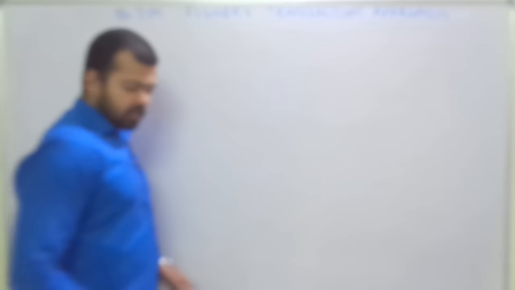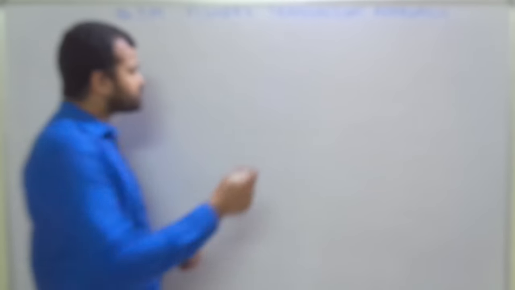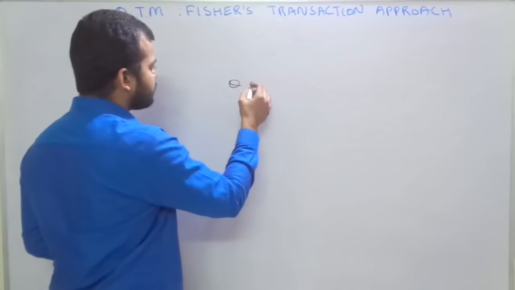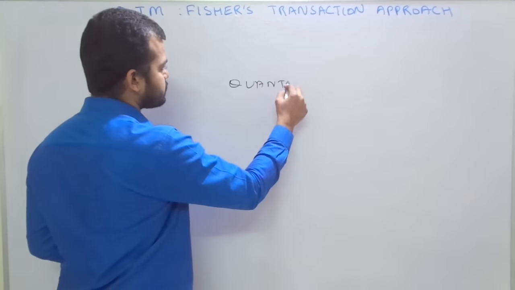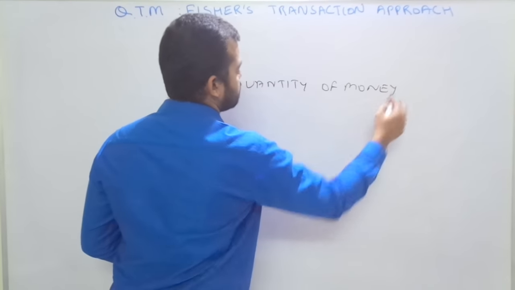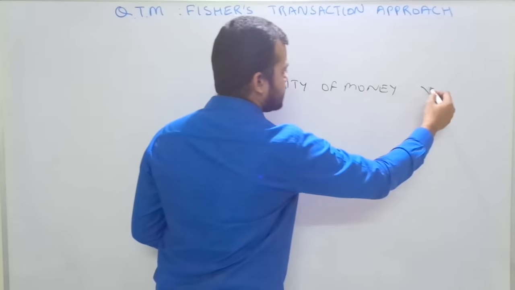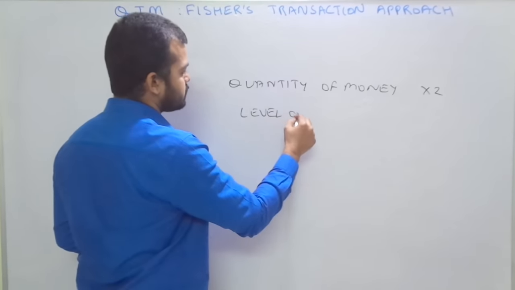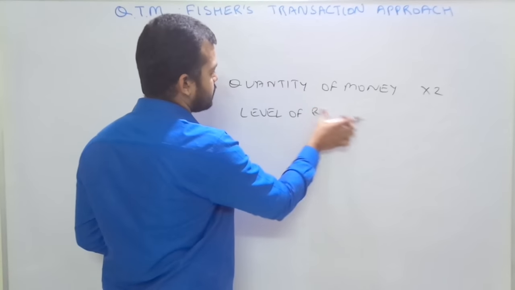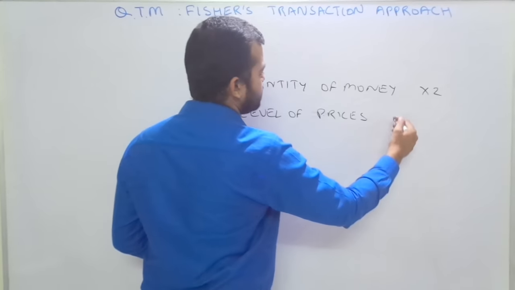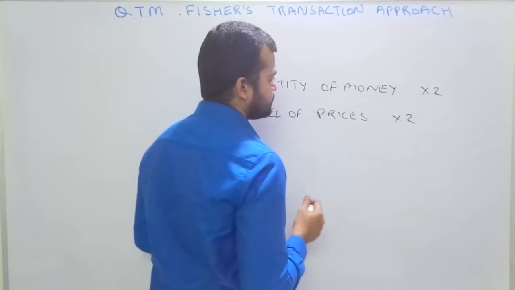According to the transaction approach, he said that whenever the quantity of money is doubled, that is, multiplied by 2, the level of prices in the economy will also double.